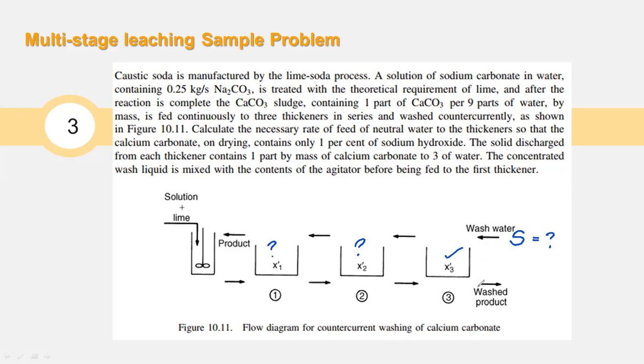So if you have x sub 3 prime as the concentration of the solution in the underflow of this third thickener, it follows that the concentration here of the wash water is also x sub 3 prime.